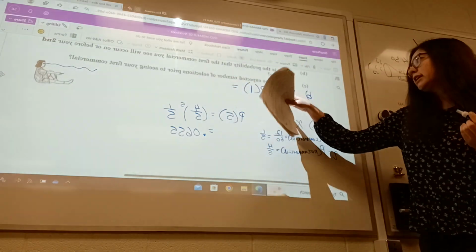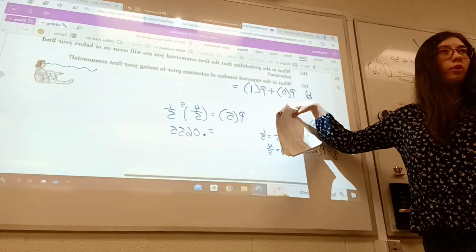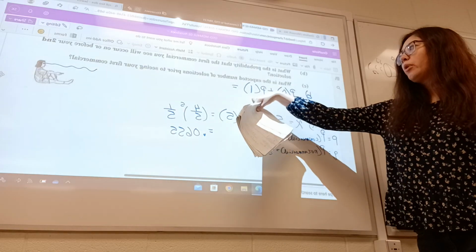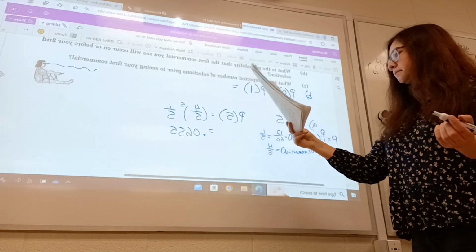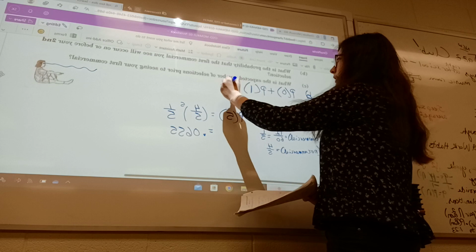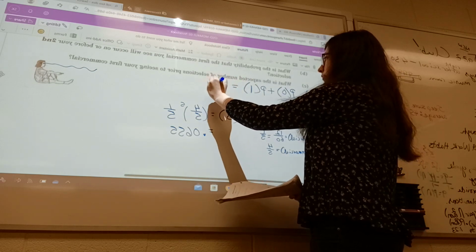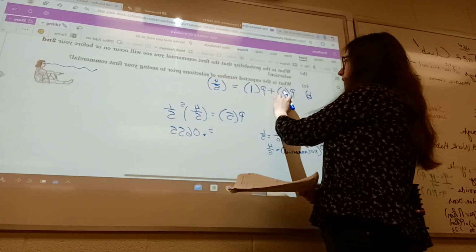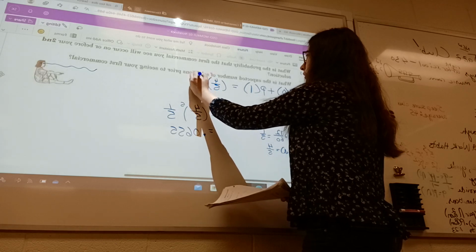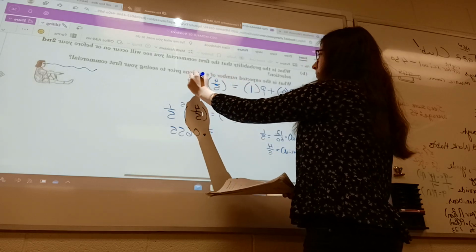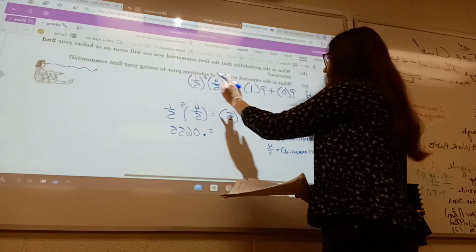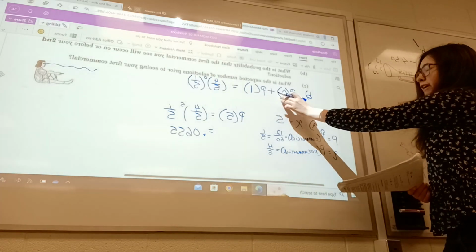So all we have to do here is the geometric distribution formula, but twice, for 0 and for 1. That would look like this. Probability of failure, 4/5, raised to the 0, times the probability of success. That was for the probability of 0 failures.